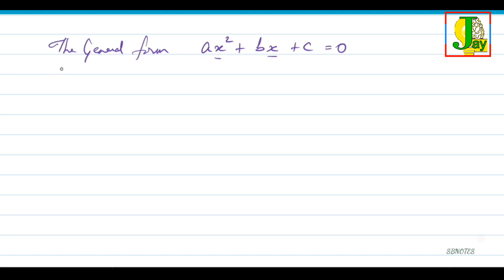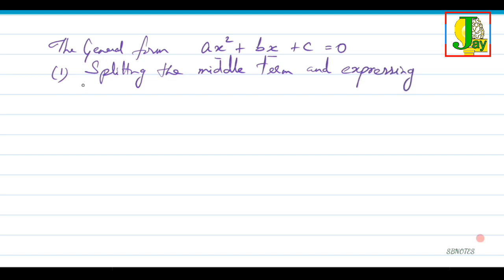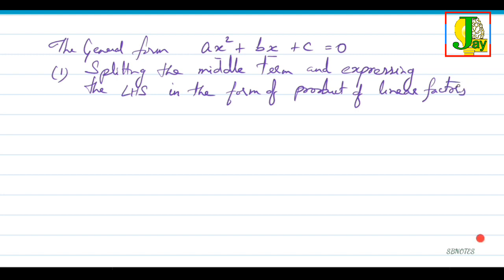So the two methods are, the first one, as we have already seen, splitting the middle term and expressing the LHS of the equation, the left hand expression, in the form of product of linear factors. Okay, that we did.